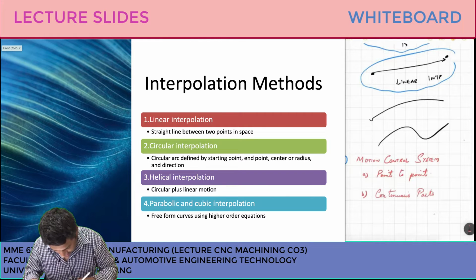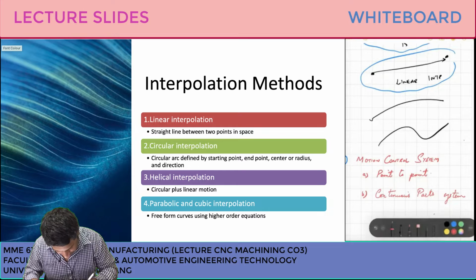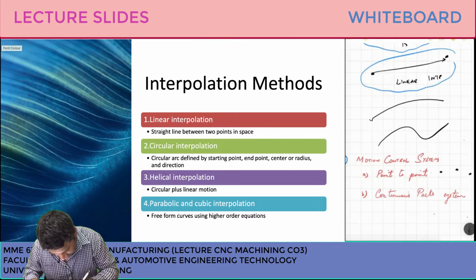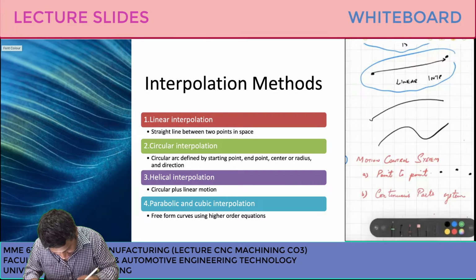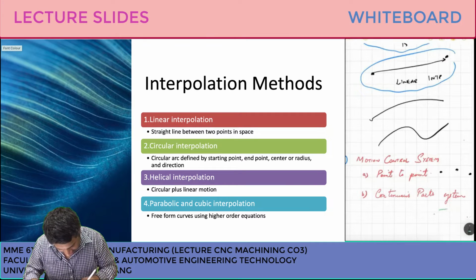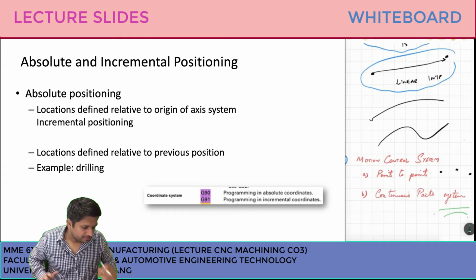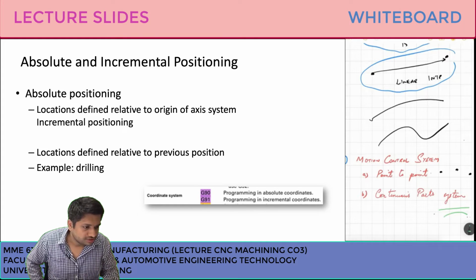So I can say this is point, point, point, and this one is fully continuous. It is straight or could be a curve. So this is a motion control system.